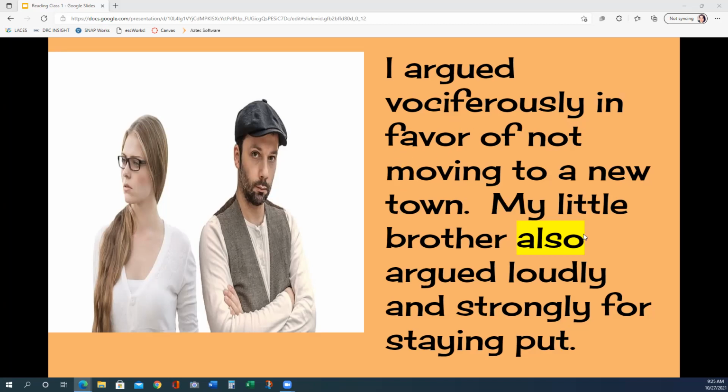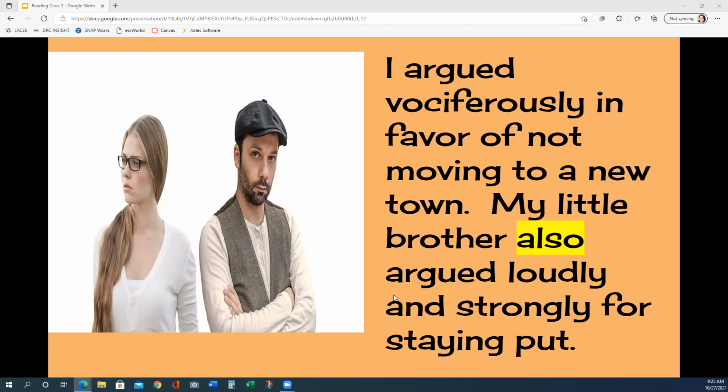So if you look at the word also, this indicates a comparison. Okay. So if I argued vociferously in favor of not moving to a town, and my little brother also argued loudly and strongly for staying put, this indicates that he is also doing something similar to me.